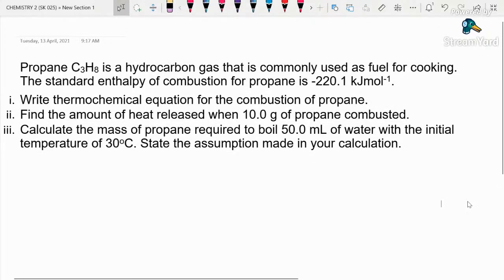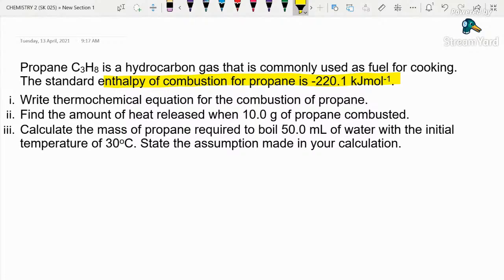Okay, so dia kata propane is a hydrocarbon gas that is commonly used as fuel for cooking. The standard enthalpy of combustion, that is the first information given. Standard mean it is for 1 mole. Okay, so this is the first information. Delta HC. Write the thermochemical equation for the combustion of propane.